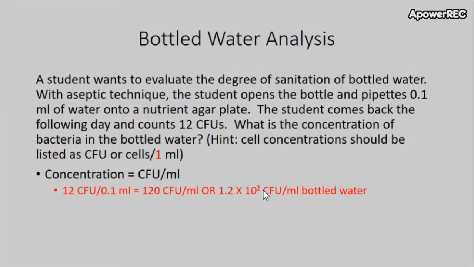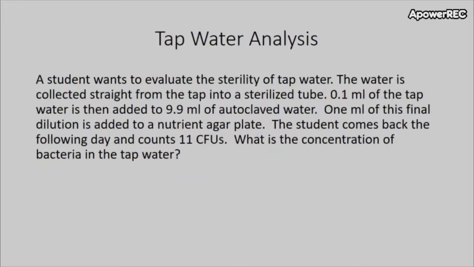So 10 to the second power means you shift this decimal place over 2 to the right. And so 2 to the right would give you 120 CFUs per mil. And it reads 1.2 times 10 to the second power CFU per milliliter of bottled water. So that wasn't too bad. Let's do the next one.